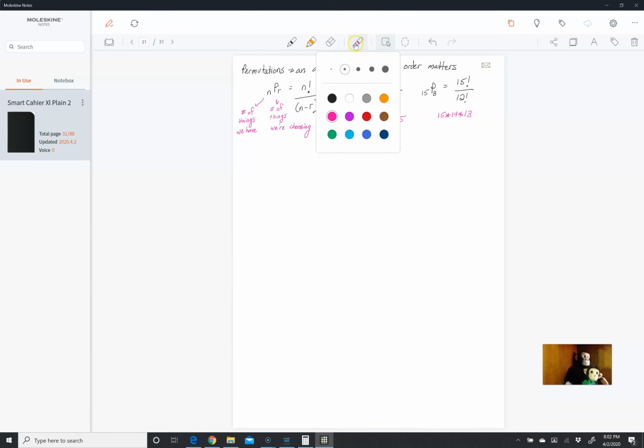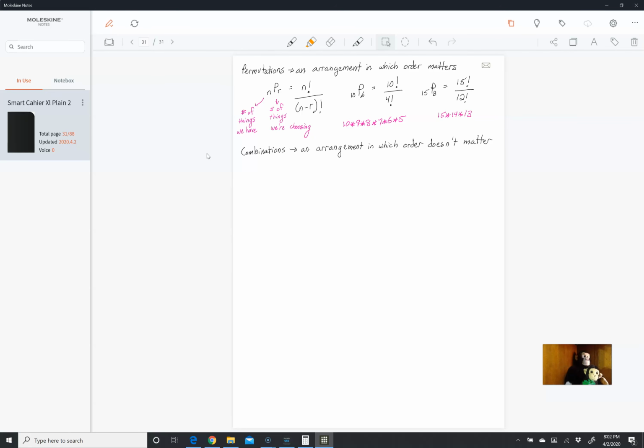So during the last video, we ended on a definition of combinations. So we said combinations is an arrangement in which order doesn't matter. So there are very similar ideas. We have the same concept here.